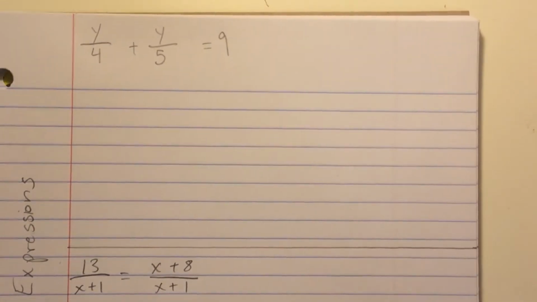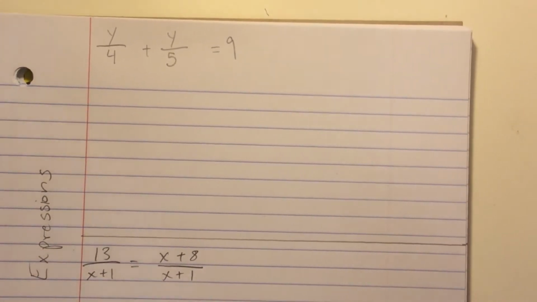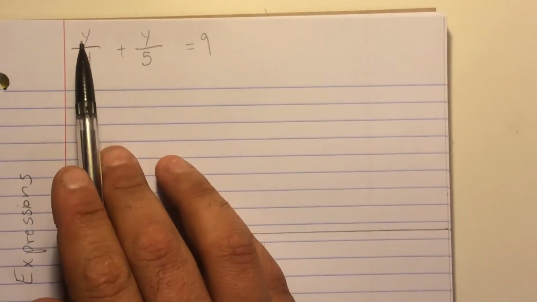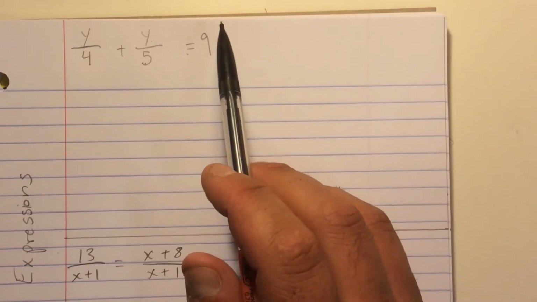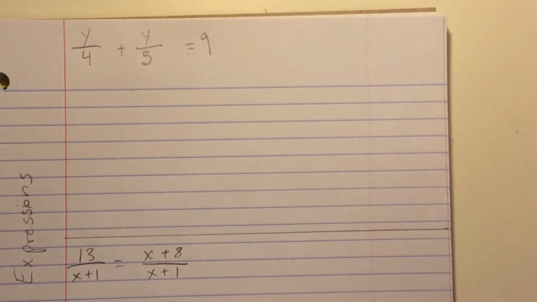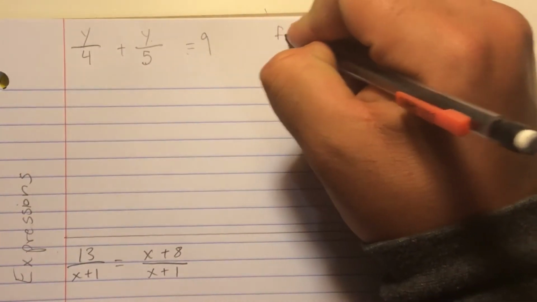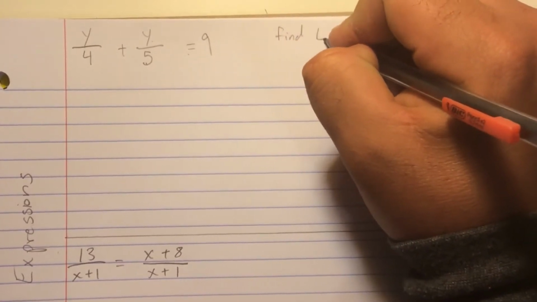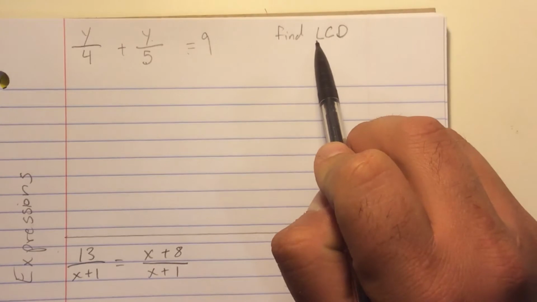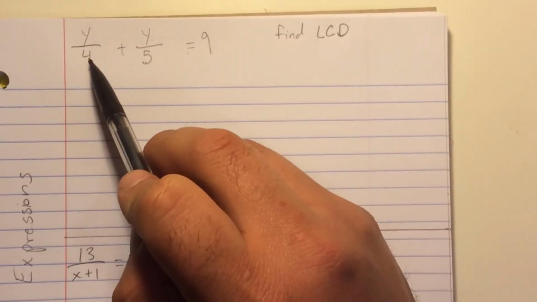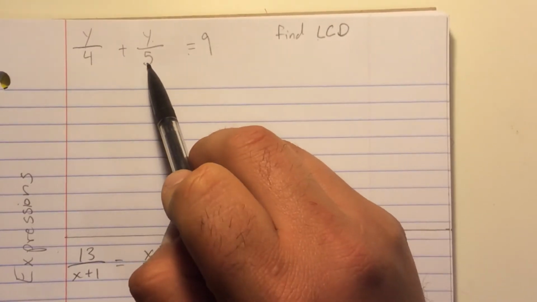Alright, so the first expression we have is y over 4 plus y over 5 equal to 9. The first thing we're going to do is find our LCD. Once again, our LCD is our lowest common denominator. So that's the denominator between the 4 and the 5.